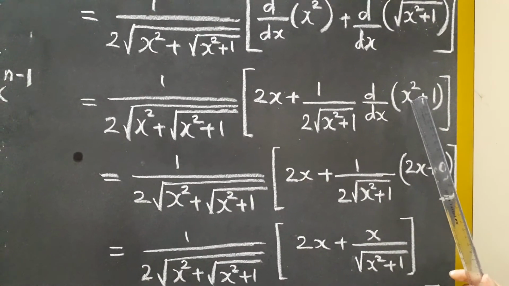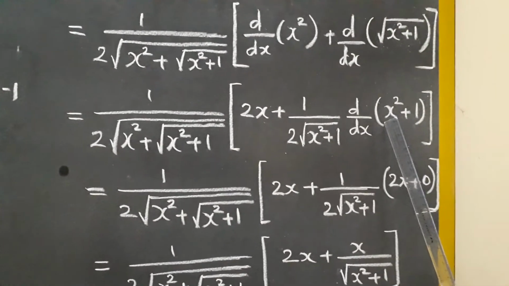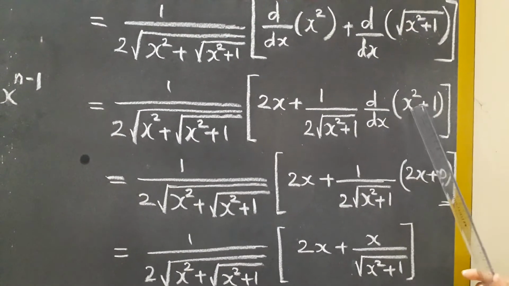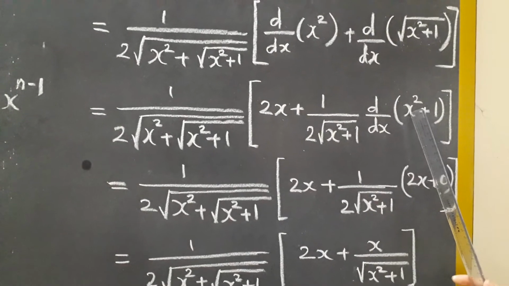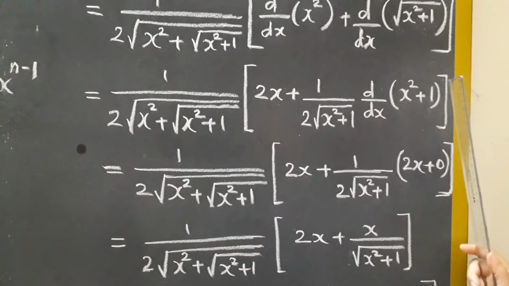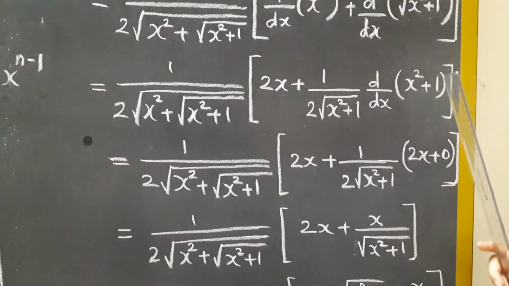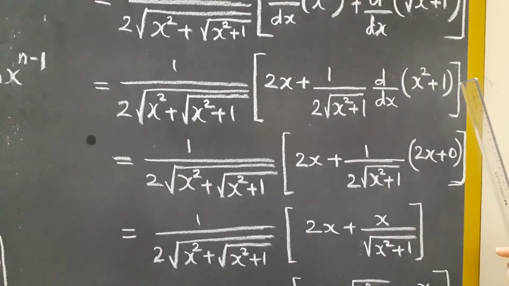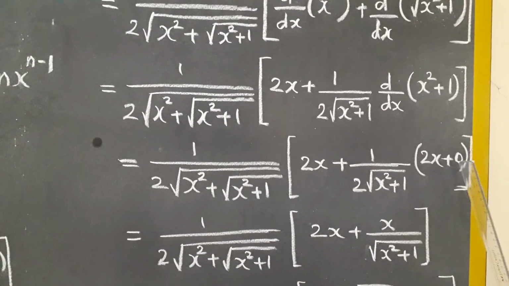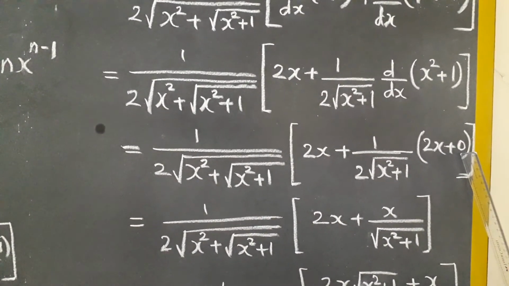It is x raised to n, direct standard formula. We get the derivative of x square as 2x plus the derivative of the second term. The second term being a constant, the derivative is 0. So we have written that directly.